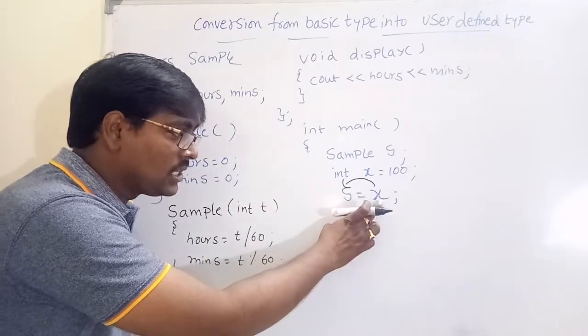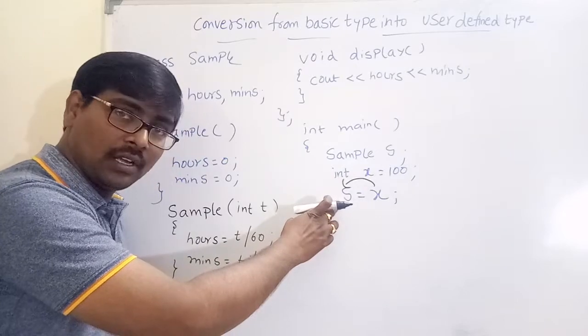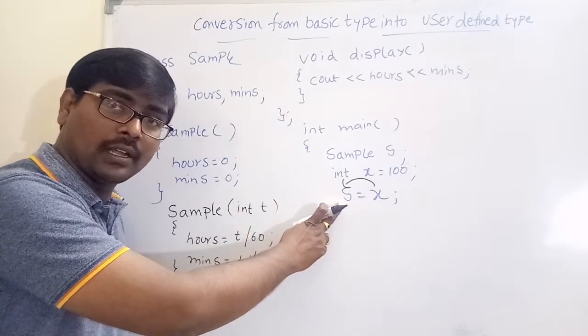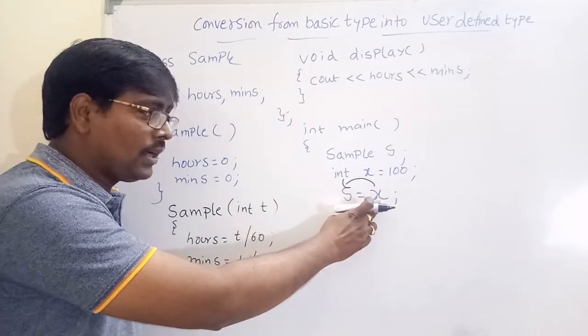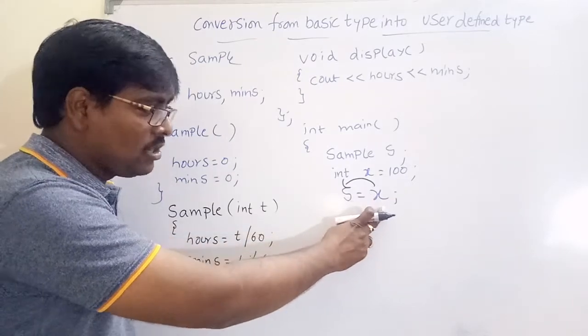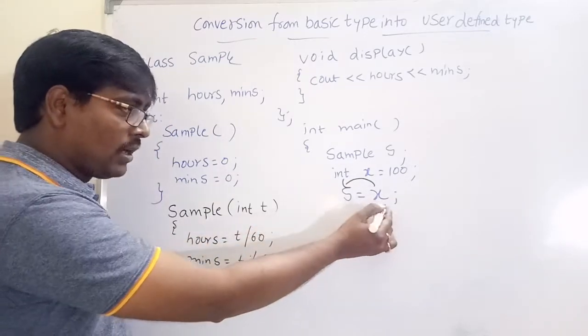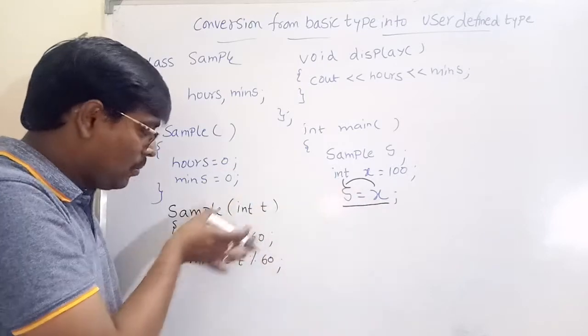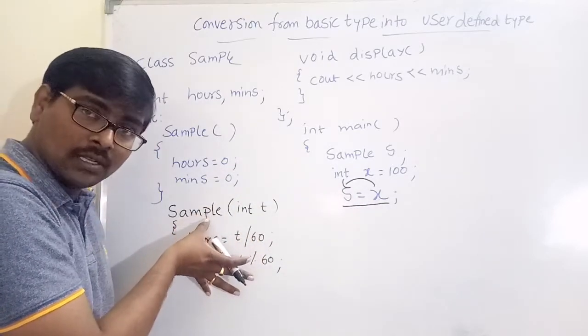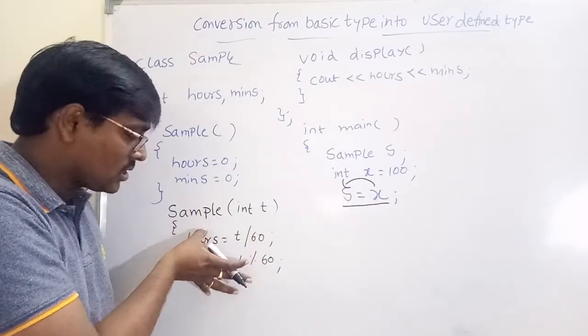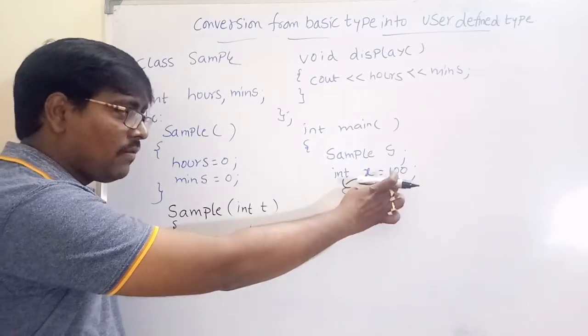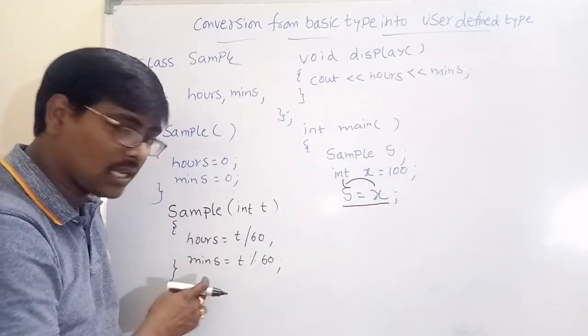The basic data type is converted into user defined data type. Okay, now what is the value of x? The x value is 100. Whenever you are writing the statement, automatically this conversion constructor is called, and based on the value 100, hours and minutes are changed.